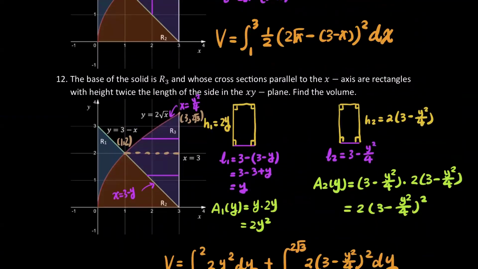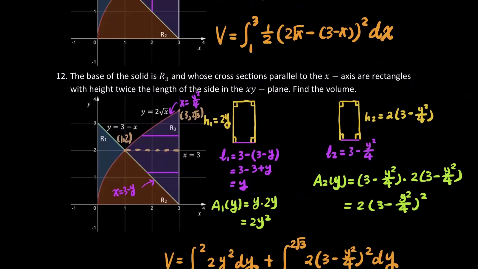Okay, so we did the cross-sectional method with 3 different regions and different orientations as well. So that's the first half of section 6.3. Okay, do you have any questions about these 6 problems before we move on?